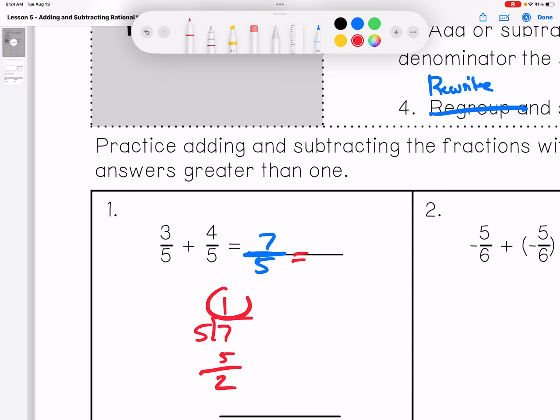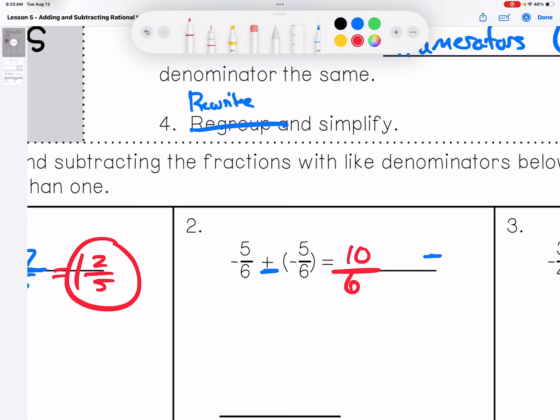Okay? First of all, let's just identify what we're doing here. We're adding, and they're the same sign, so the answer is going to be negative. They're both negative and we're adding, so we're just going to add them up. So the denominator stays the same. Add the top up, that's 10/6. Number 1, that'll simplify, so I'm going to rewrite it down here, 10/6.